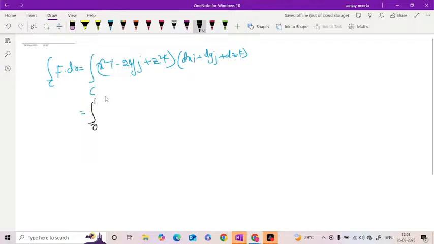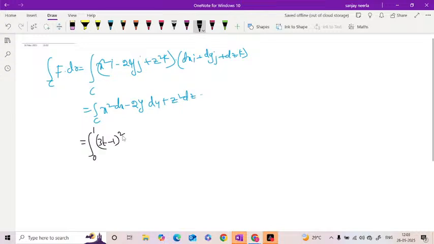What is our x? 3t minus 1 whole square. I will write one more step here. Now integral over c of x square dx minus 2y dy plus z square dz. Now substitute all the values: integral 0 to 1, and the x value.